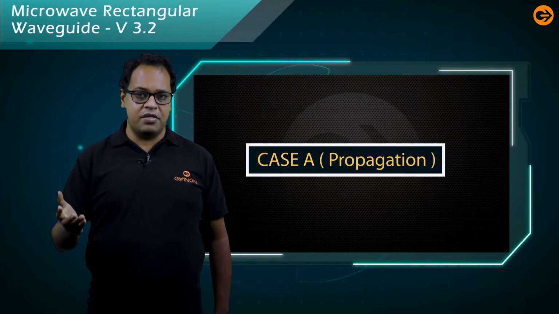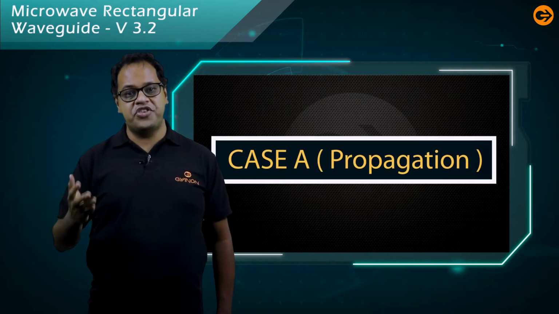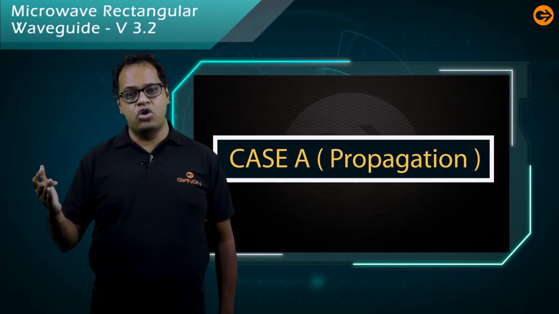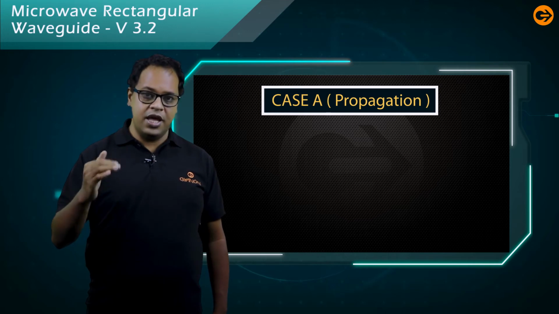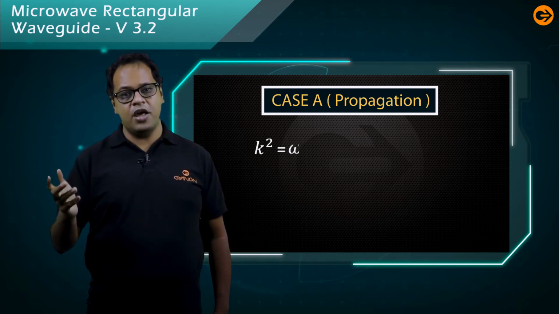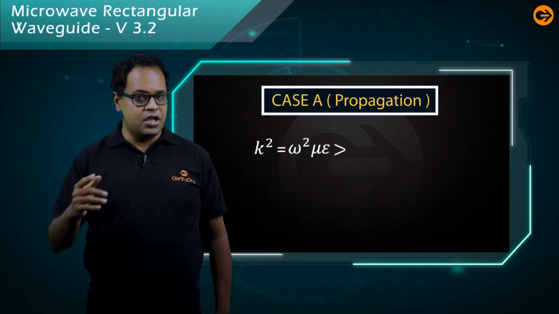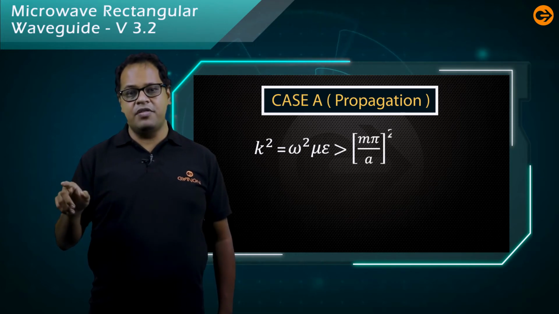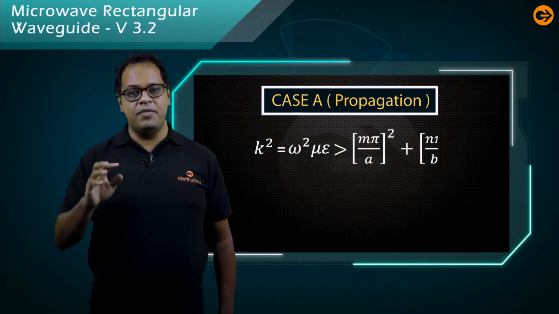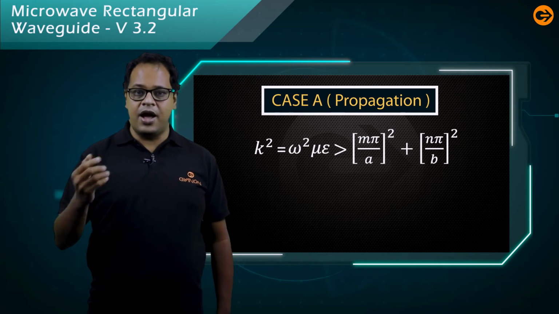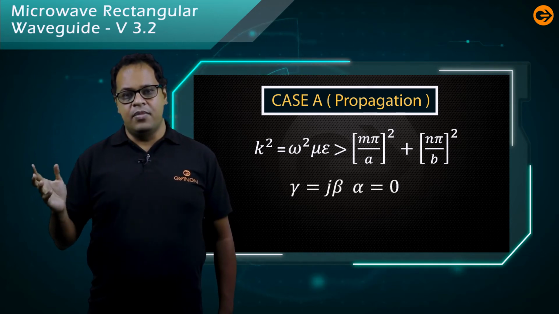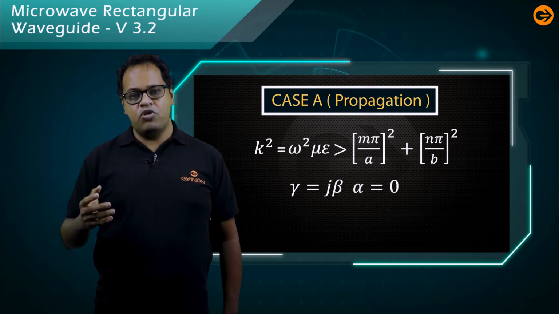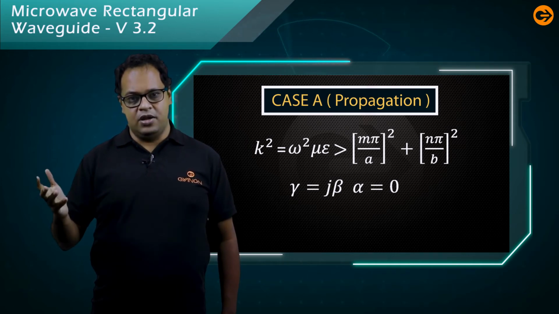Now let us discuss the propagation mode of the transverse magnetic mode of the rectangular waveguide. In this case, k square is equal to omega square mu epsilon, which is greater than (m pi by a) square plus (n pi by b) square. So gamma is equal to j beta and alpha is equal to 0. This is our aim. That means from this mode onwards, the wave will propagate.